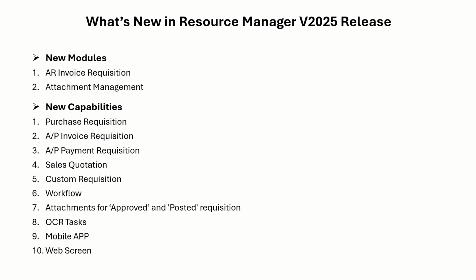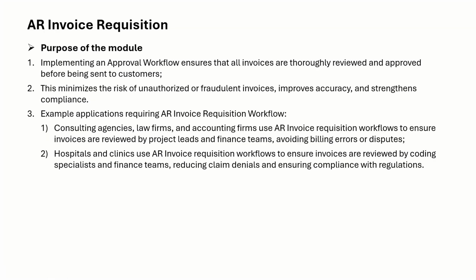New features in Resource Manager version 2025 include two new modules, AR Invoice Requisition and Attachment Management, as well as many new capabilities for the existing modules like Purchase Requisition, AP Invoice Requisition, AP Payment Requisition, etc.